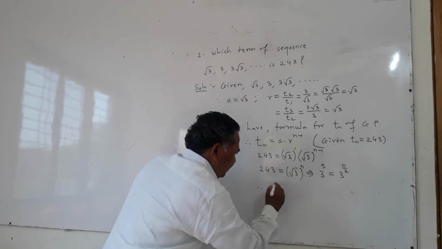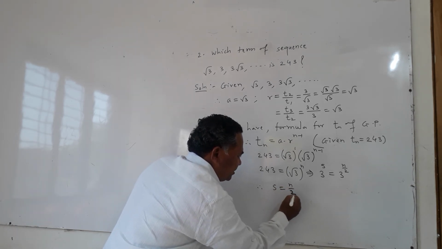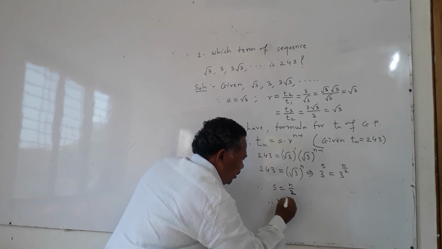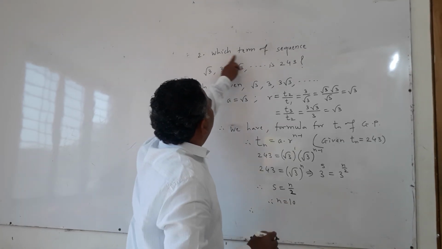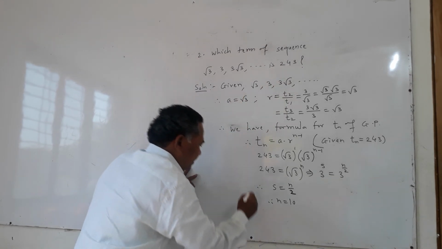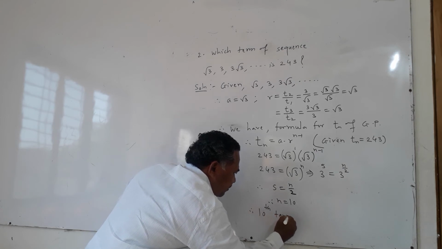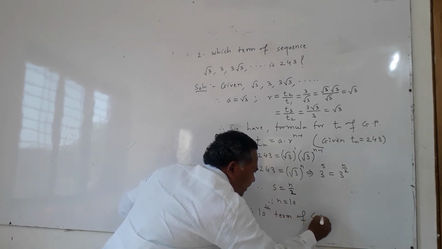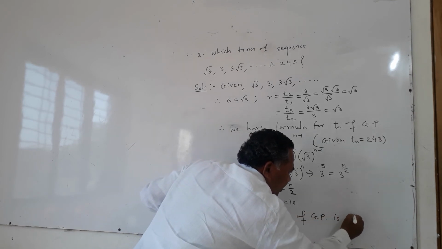Therefore 5 equal to n by 2, we transfer 2 to this side, and therefore n equal to 10. Therefore, the 10th term of the GP, which means geometric progression, is 243.